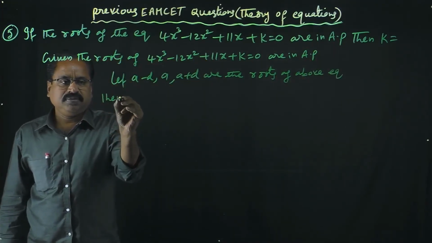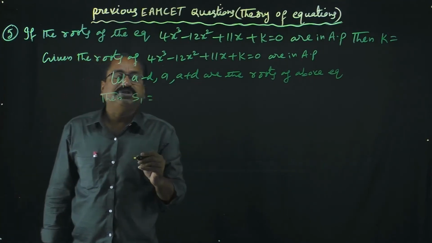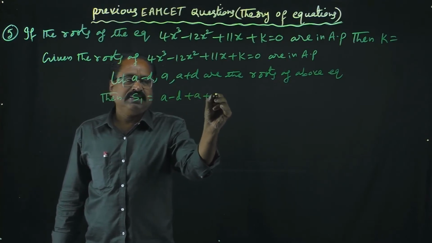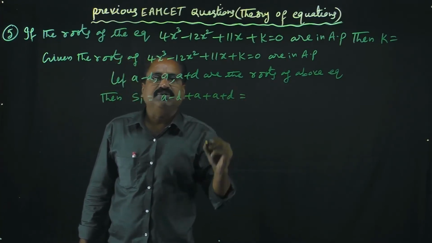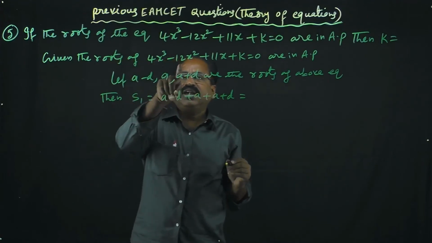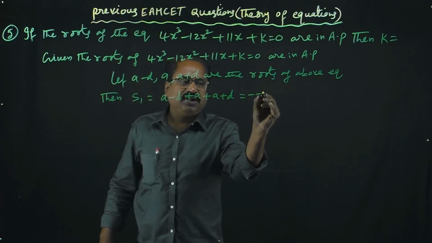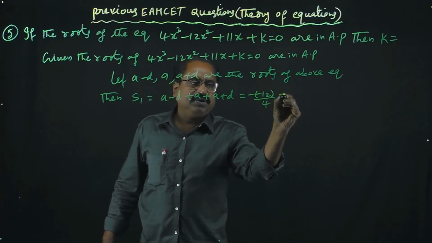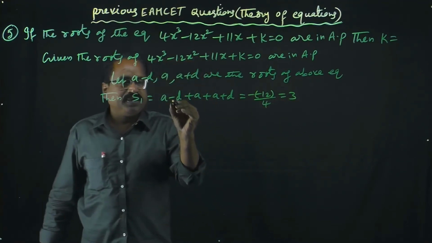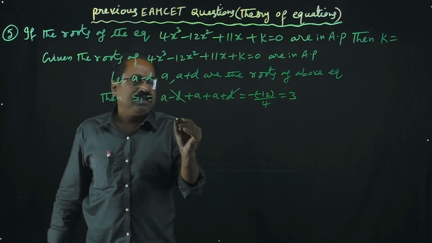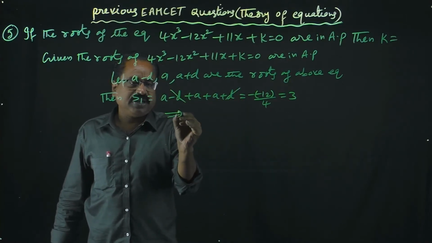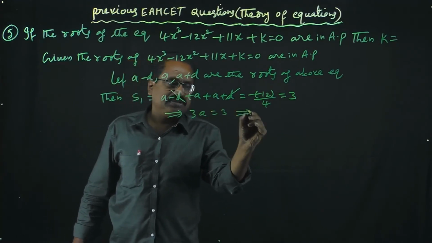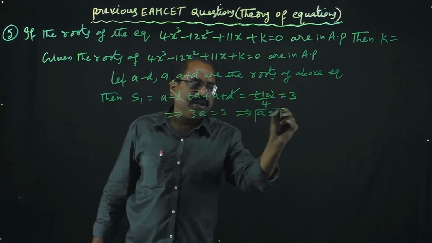Then S1, the sum of the roots, is a minus d plus a plus d, which is equal to minus a1 by a0, that is minus of minus 12 by 4, which equals 3. Here minus d plus d gets cancelled. This implies a plus a plus a, 3a, is equal to 3. This implies a is equal to 1.